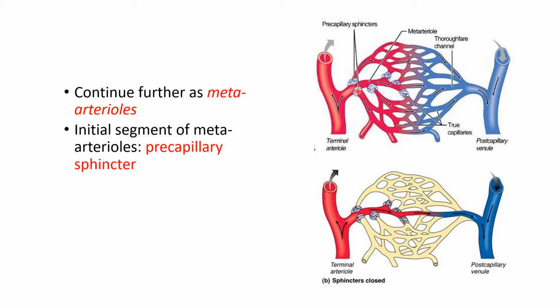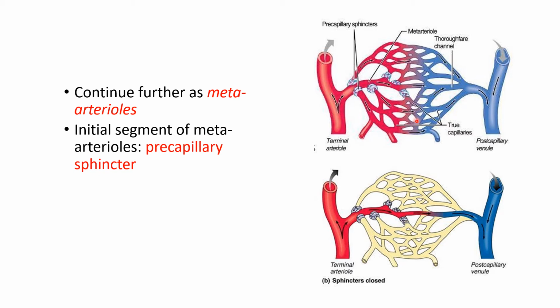So they regulate the blood flow into the capillary bed, and depending upon the metabolic activity of the particular tissue at that time, the precapillary sphincter will be open or closed. So if the tissue is metabolically very active, at that time the precapillary sphincters will be open and blood will be flowing through the capillary bed.